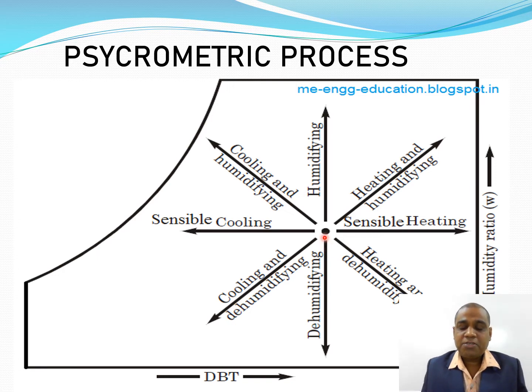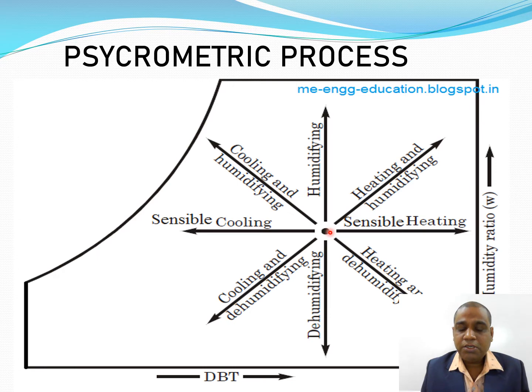What happens? Suppose we want to increase the dry bulb temperature of air. This line is a dry bulb temperature. Suppose this vertical line represents a particular dry bulb temperature.